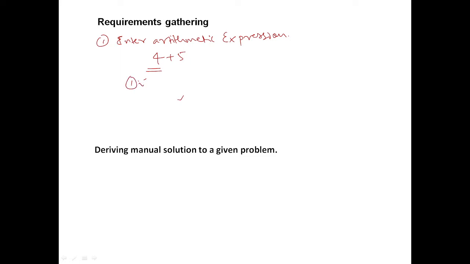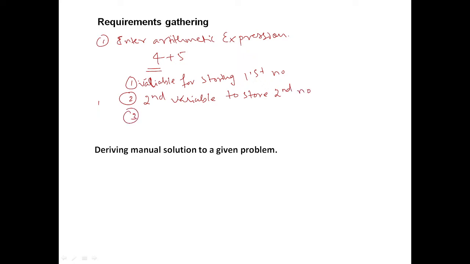One variable for storing the first number, and we require one more variable, the second variable, to store the second number, and we require a third variable to store an operator, right?